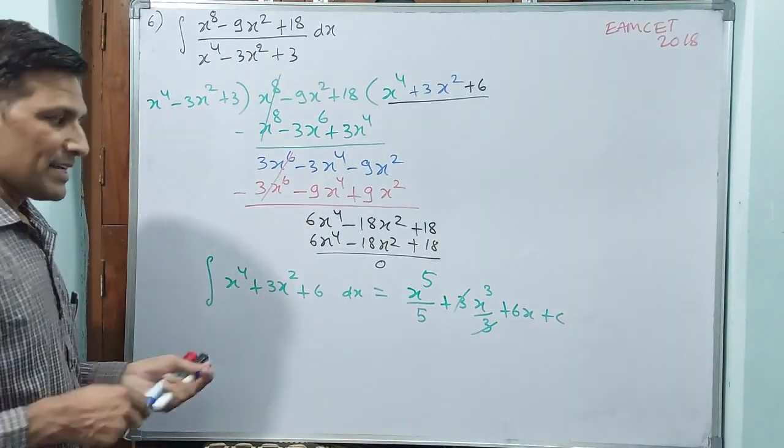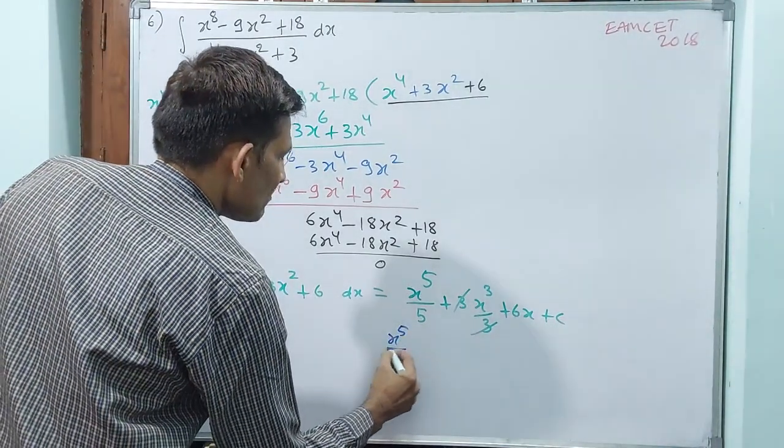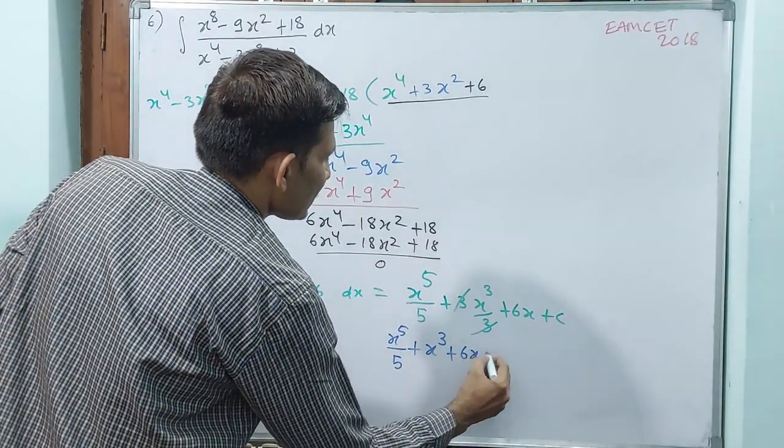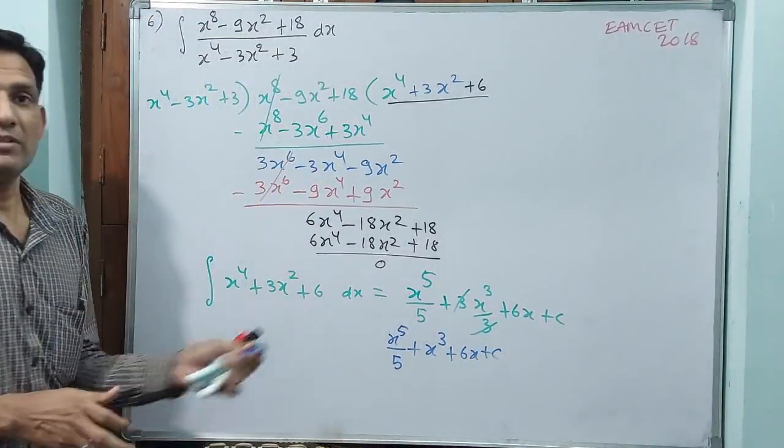That means the final answer is x to the power of 5 by 5 plus x cube plus 6x plus c. Okay, this is the answer.